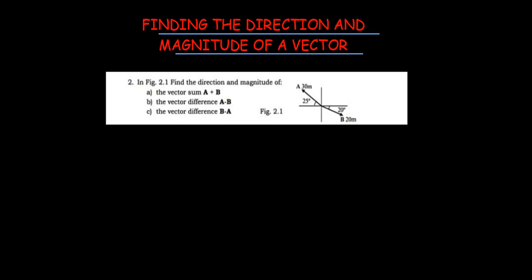We must consider the x and y components of each vector, A and B. So when adding vectors, we add component-wise.